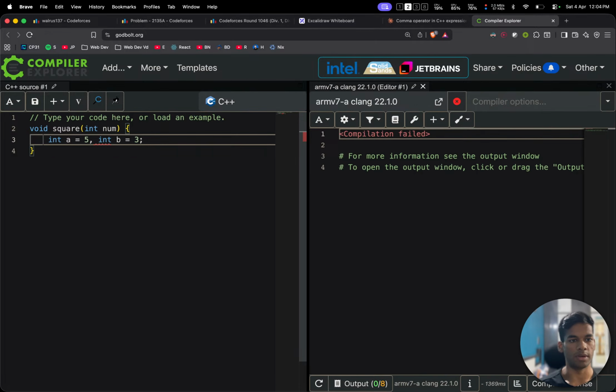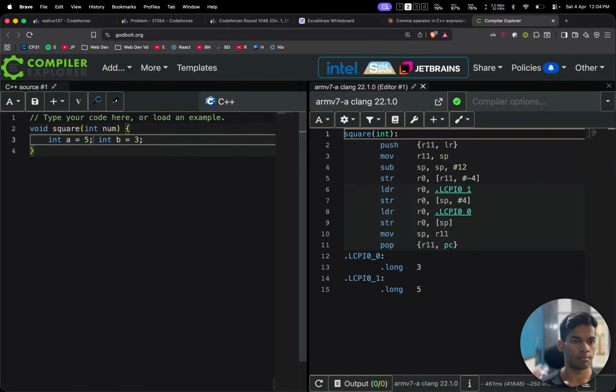This shouldn't be an error, but it is. Okay, cool.